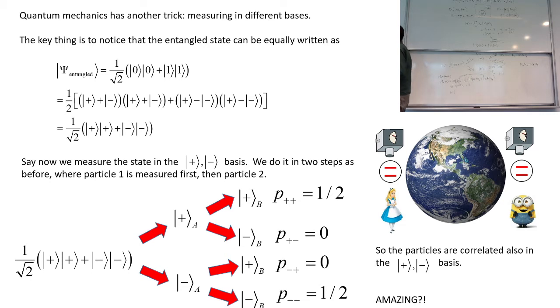Remember that our quantum mechanical particle or measurement device has settings on it. We've got the plus minus basis setting, or any basis settings. So we could equally do a measurement in the plus minus basis, and actually it's still correlated. This is the magic of these Bell states.